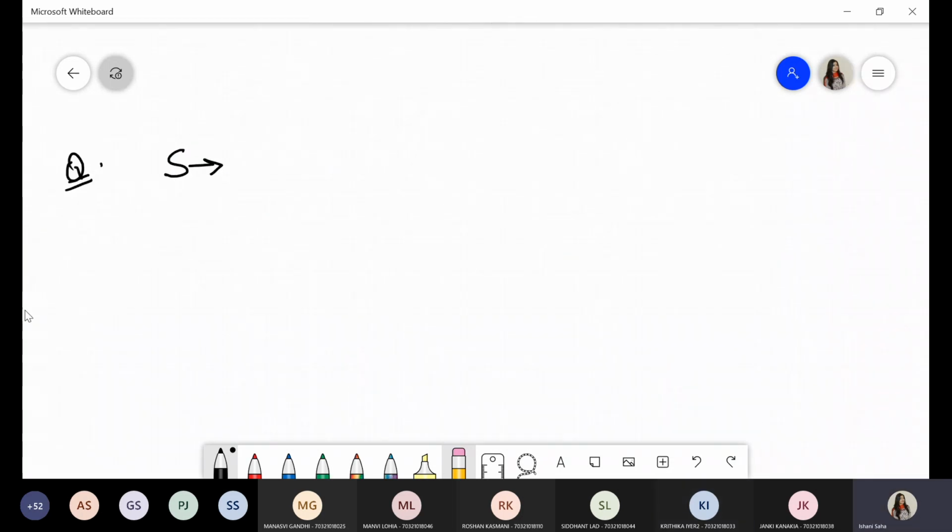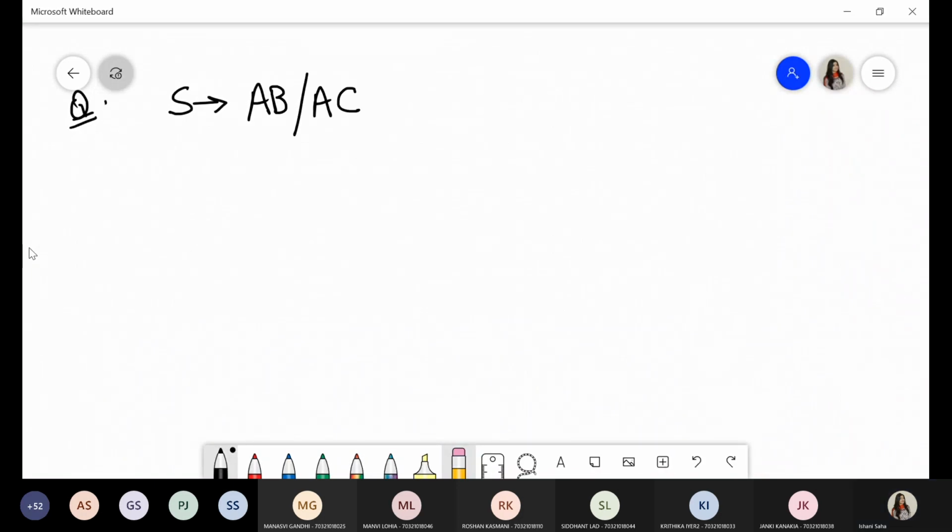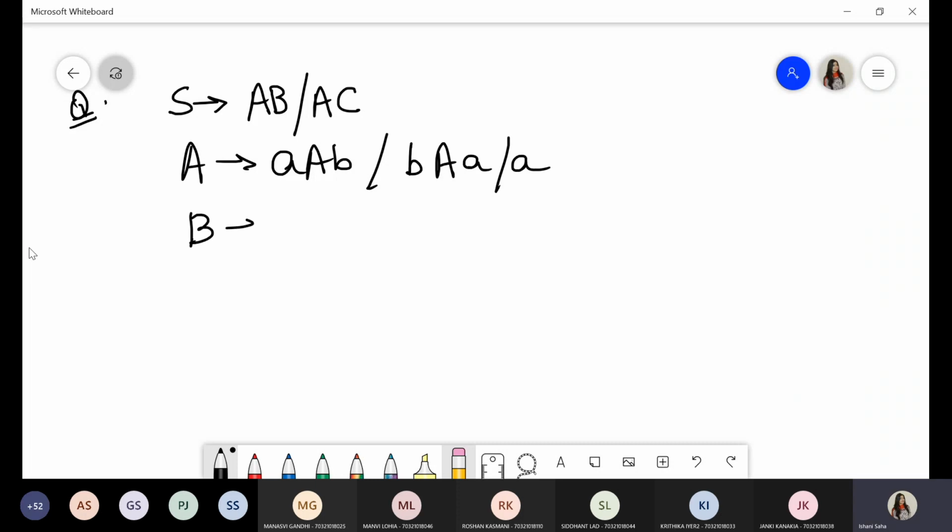Okay, we'll form the set for this and then it would be even more clear. So we have S generating AB, AC. Then A generates AAB, BAA, and small a. Capital B generates BB, capital A, AB, and AB.